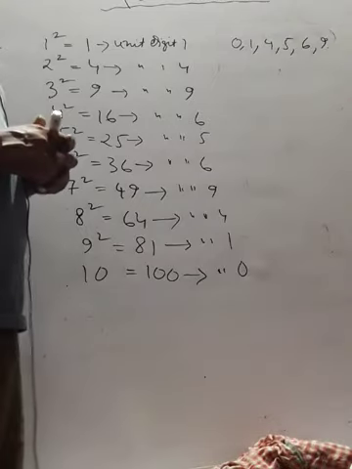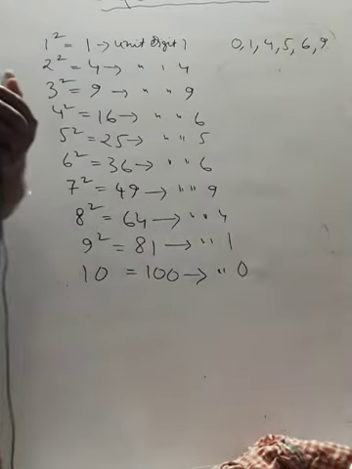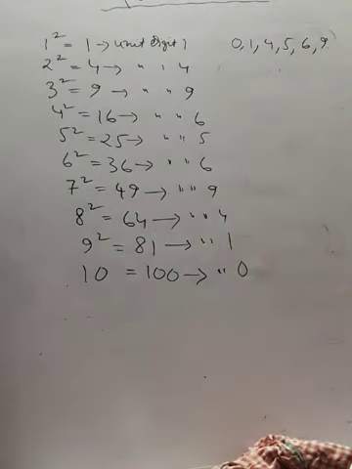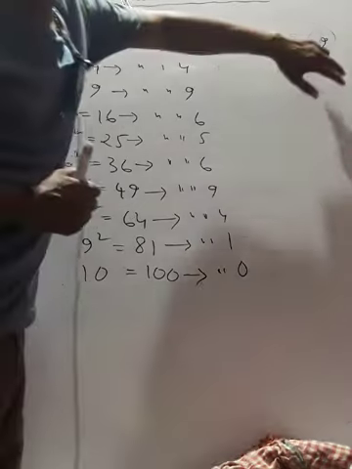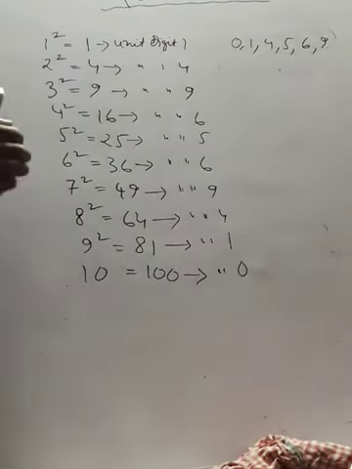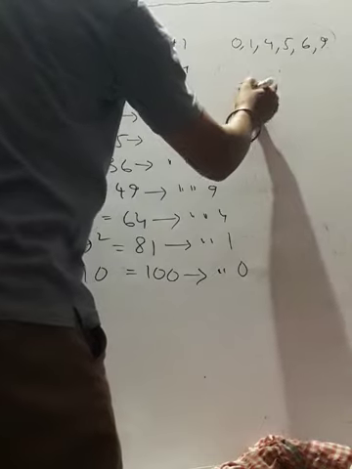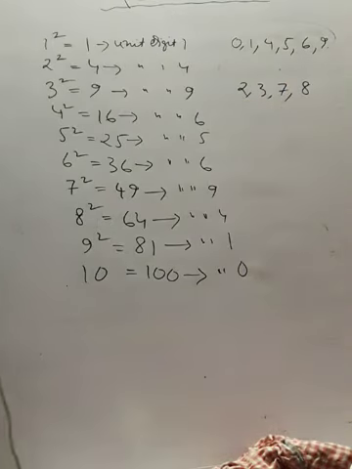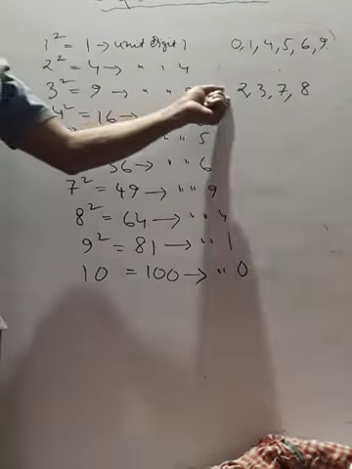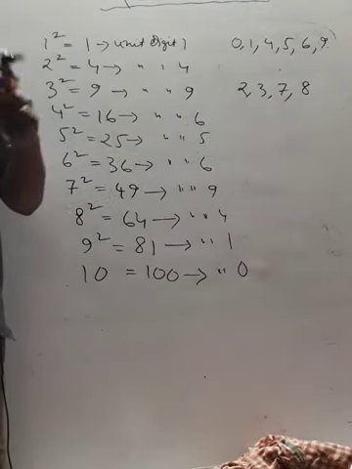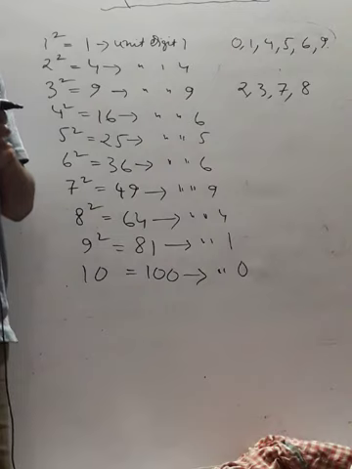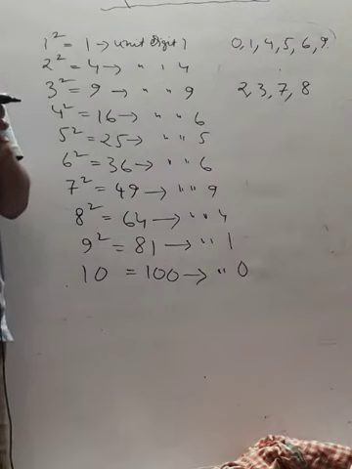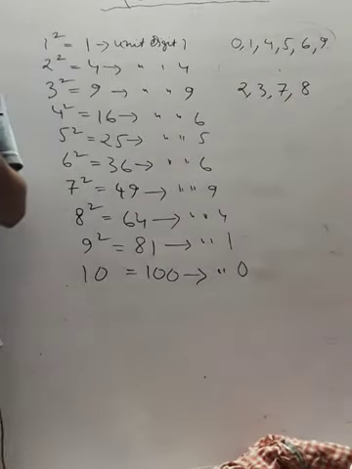But those numbers which are excluded from this list, like 2, 3, 7, 8, if the number has any one of these as the units digit, that number will for sure never become a perfect square.